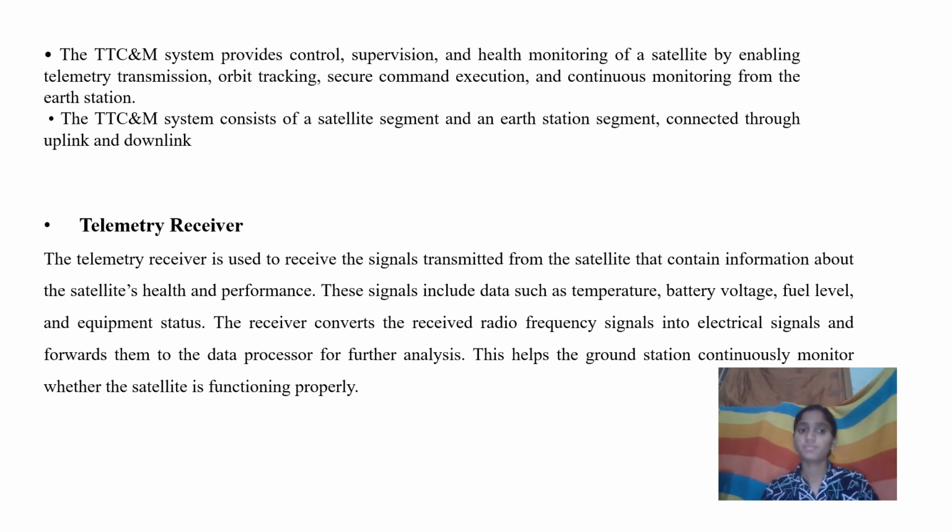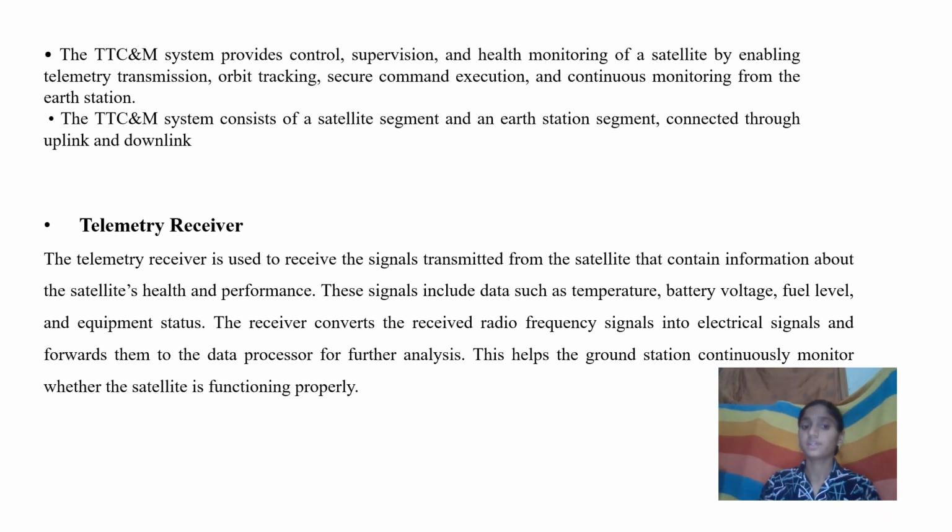Coming from the telemetry receiver, which is present on the ground station. The purpose of the telemetry receiver is to receive the signals sent by the satellite in space. The telemetry receiver receives the signals transmitted from the satellite that contain information about the satellite health and performance.